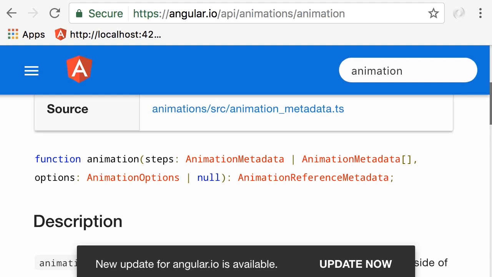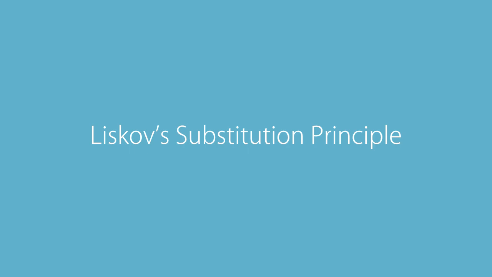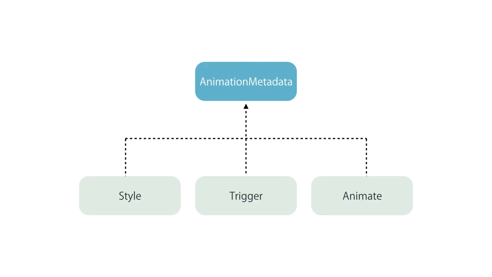But this is actually a design problem in the animations module. If you're more experienced and you're familiar with the solid principles of object-oriented programming, there we have a concept called Liskov's substitution principle. So here is a real-world example of the violation of this principle. So Angular team have defined this hierarchy where animation metadata is an interface on the top, and below this we have a bunch of different interfaces that extend this interface.